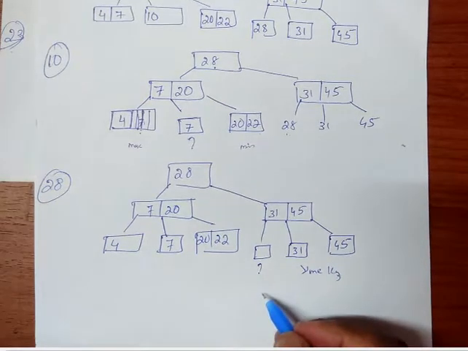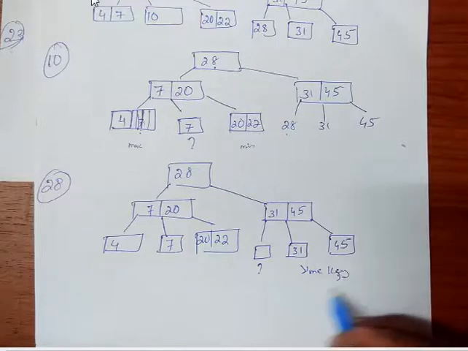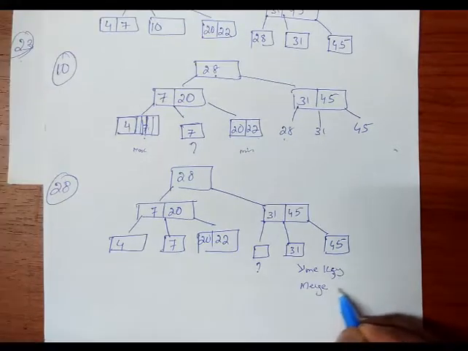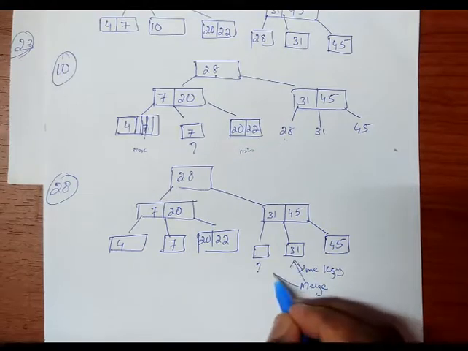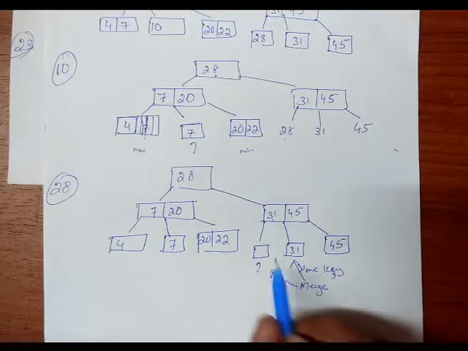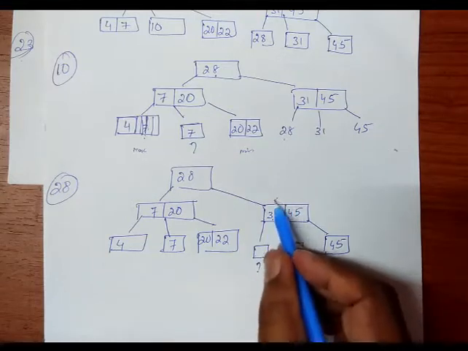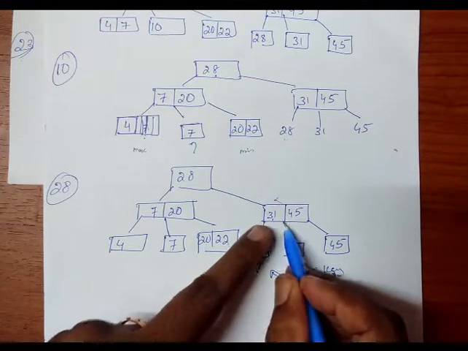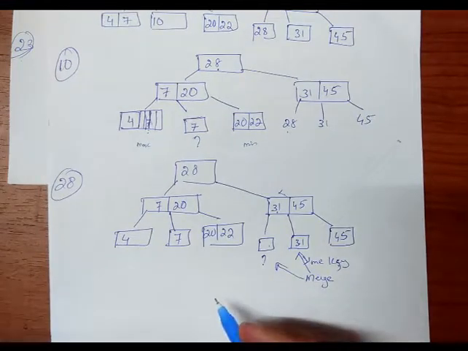Then what will we do? The rule is you have to merge the empty node, the right sibling and the parent. So you have to take the empty node, the right sibling, and then the middle value.